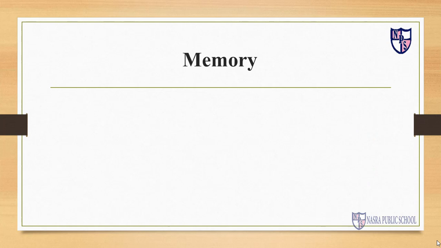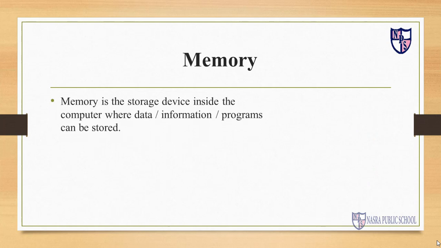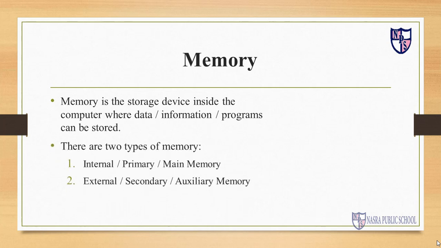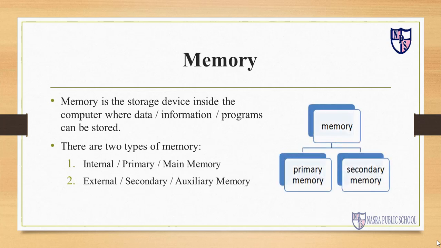First we are going to learn about memory. Memory is the storage device inside the computer where data, information, and programs can be stored. There are 2 types of memory. Number 1 is internal, primary, or main memory.